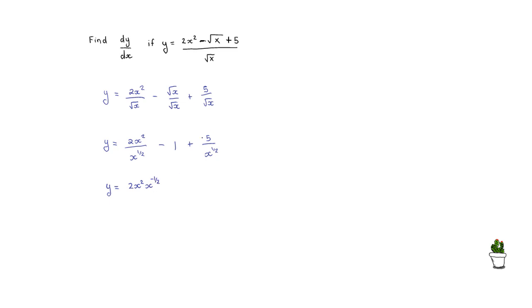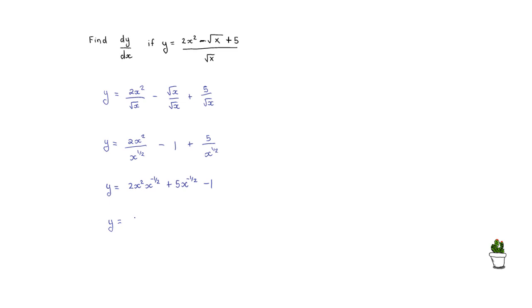I'm going to write the last term first, so I'm going to write plus 5 times x to the exponent minus 1/2, and minus 1. Now we are ready to apply the power rule. But before that, let's apply the law of exponents to our first term.